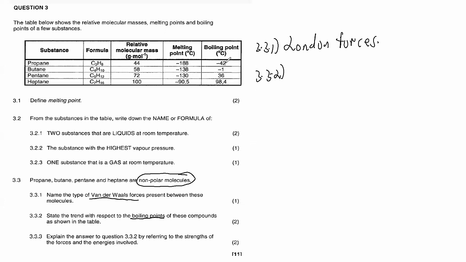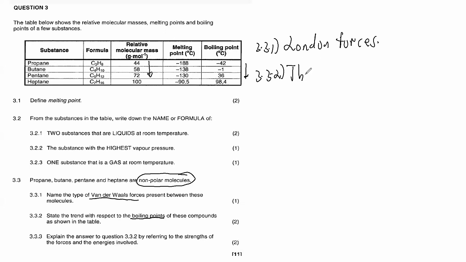So now, looking at the boiling points, we can see that our boiling points are increasing, going down here. But then why are they increasing? It's because when we look at the molecular size or the molecular mass, we can see that the molecular mass is also increasing, going downward there. So boiling point increasing, going down, and then also the molecular mass is increasing, going downwards. So the trend could be what?